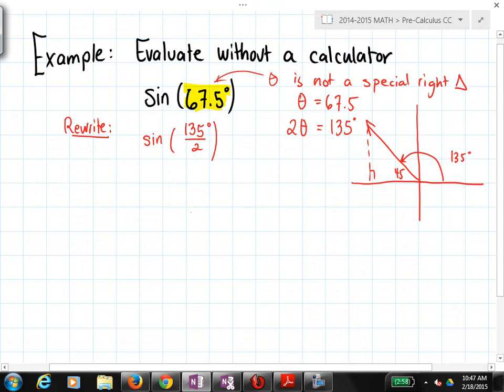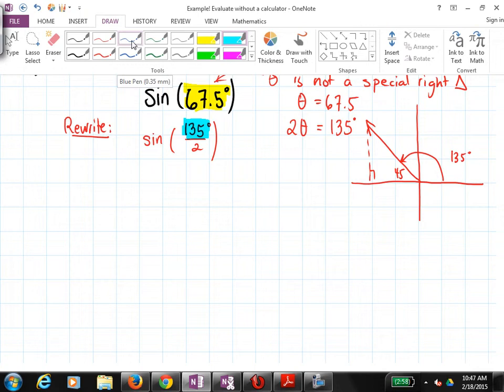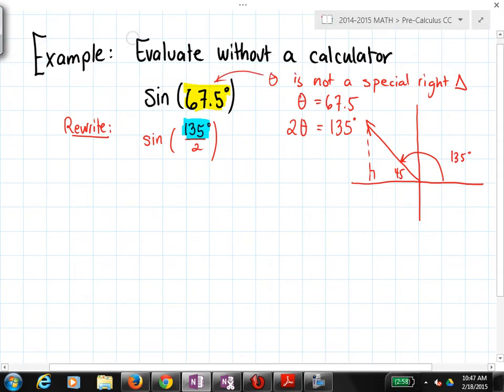Maybe I should not have used theta here, so let's call the 135 a different variable. I guess we'll call it u, but formulas are going to have theta. So I have sine of u divided by 2, or just sine of theta divided by 2.